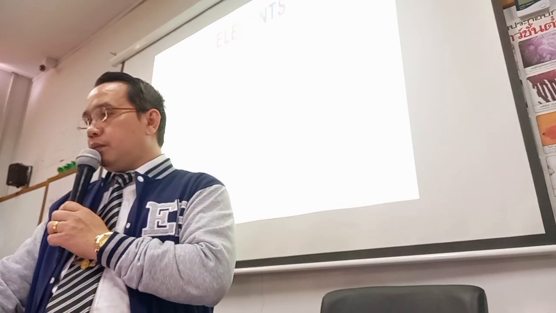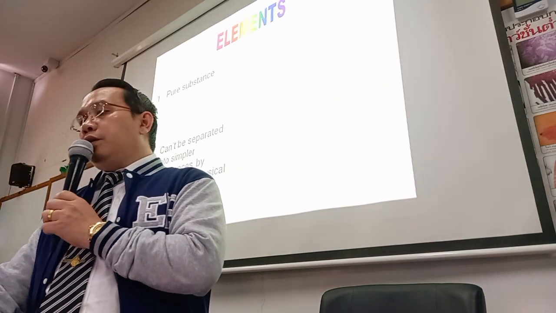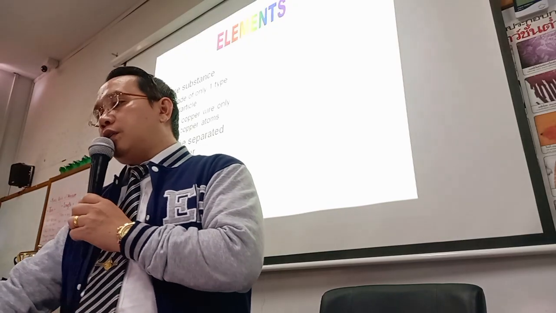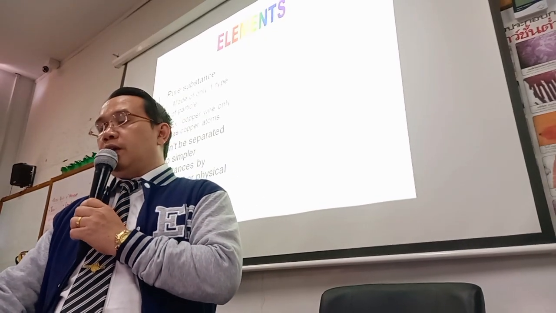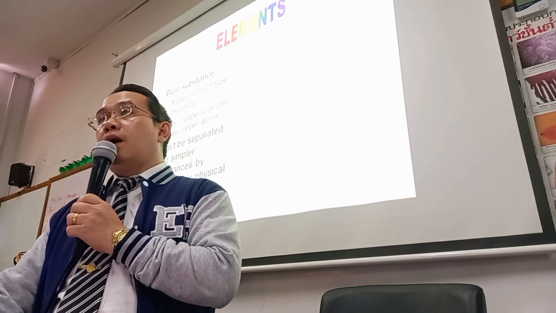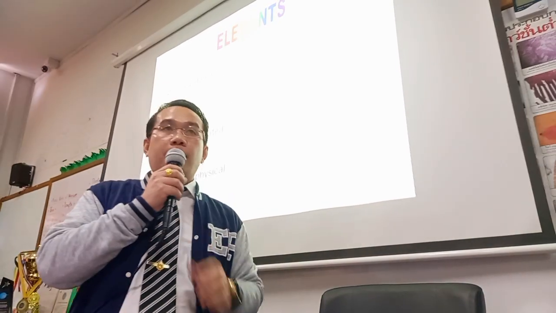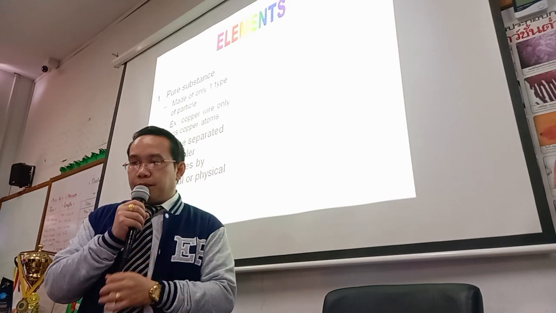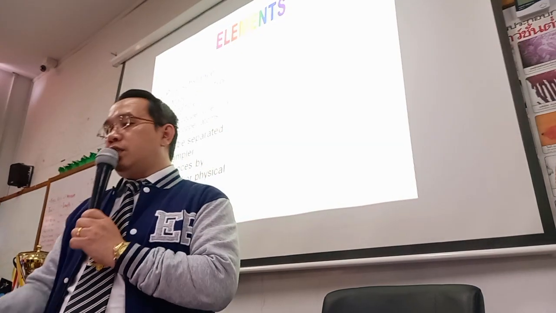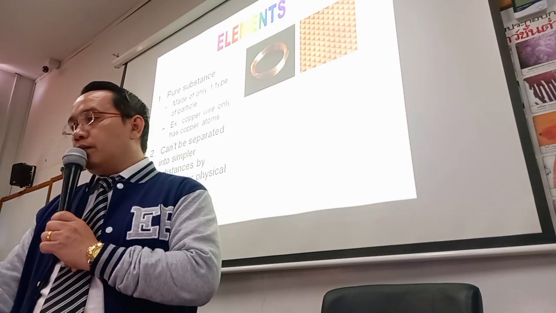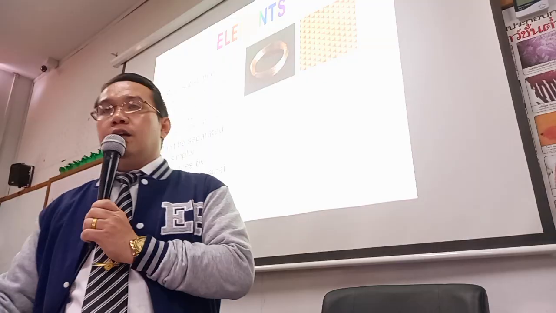So what are elements? Elements are pure substances made of only one type of particle, like a copper wire that only has copper atoms. They cannot be separated into simpler substances by chemical or physical means. That's basically an example of an element.